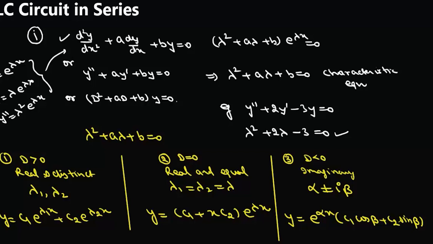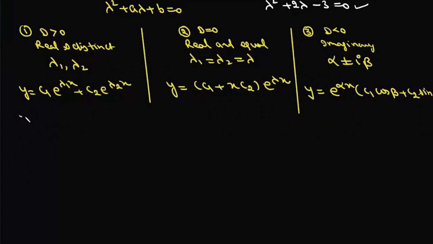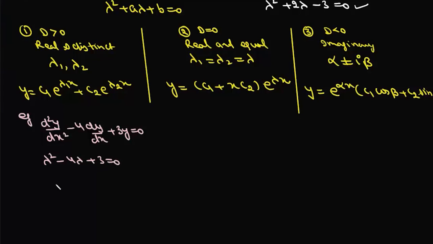Now, let us take up an example. Say we need to solve this differential equation: d square y upon dx square minus 4 dy by dx plus 3y equals to 0. We can write its characteristic equation as lambda square minus 4 lambda plus 3 equals to 0.